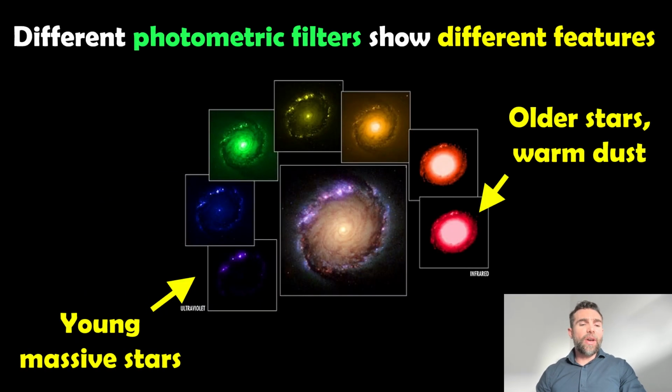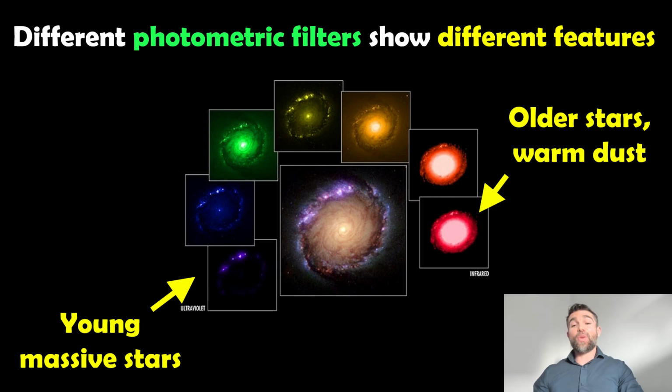For example, if we're looking in the ultraviolet, the UV, then that's going to be somewhat biased to younger, more massive stars. They emit quite strongly in the ultraviolet part of the spectrum. And as we go all the way around to the infrared, you're looking more at the older stars, but also the warm dust, that sort of thing.